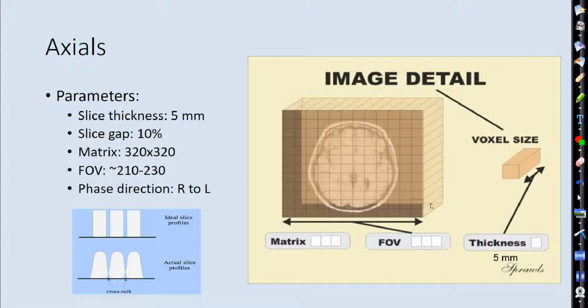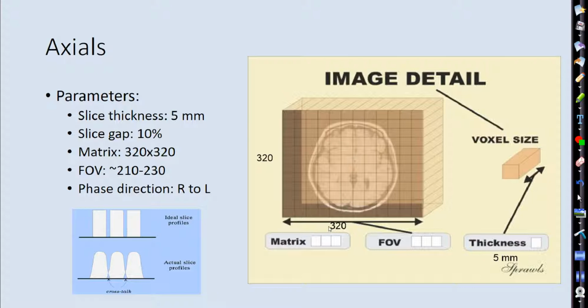And then this is your thickness, but our matrix is determined by our phase and frequency. So this is saying 320 by 320. There's 320 lines in the phase direction, and there's 320 lines in the frequency direction. That's what that's saying. So that gives us our grid, or our matrix.